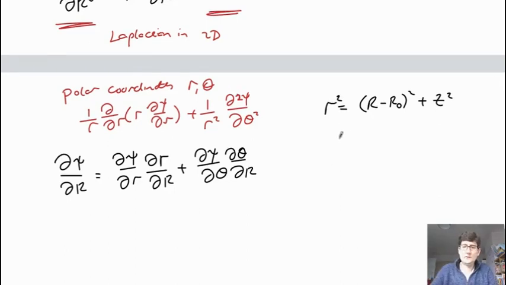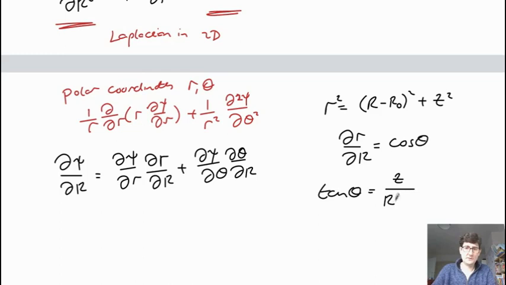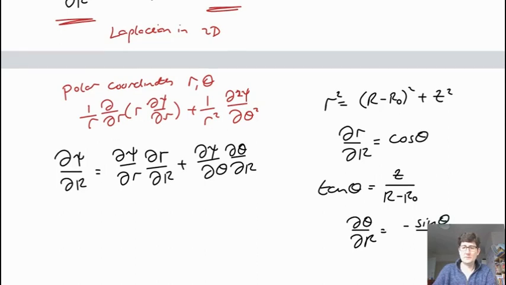And this gives us dr by dR, so you differentiate both sides here with respect to capital R, is just cos theta. In the same way you can write down that tan theta is just from taking the ratio of the equations for z and for R. This is just R minus R naught. And so we end up with d theta by dR is just minus sine theta over little r.